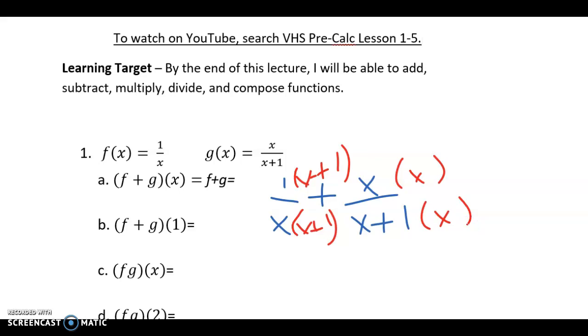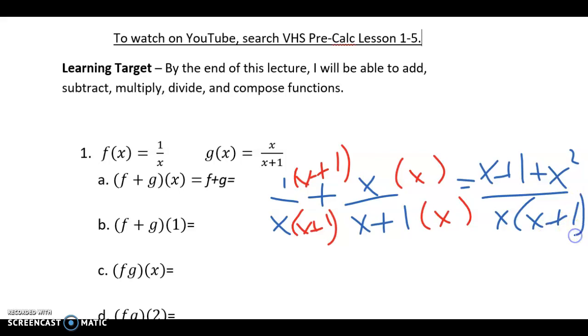So overall, our final result is going to end up being x plus 1 plus x squared, all over our common denominator of x times x plus 1.